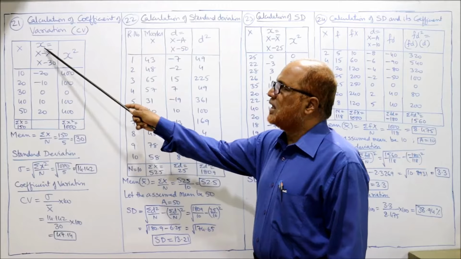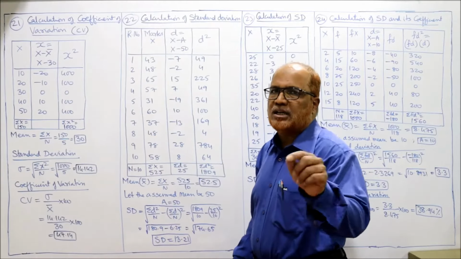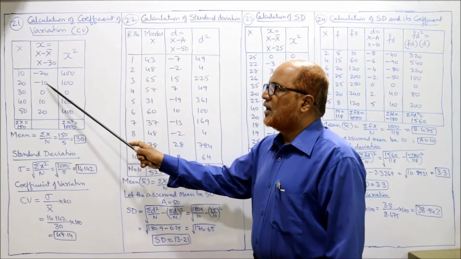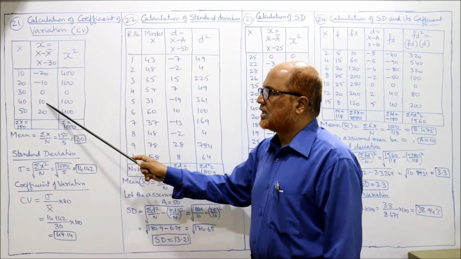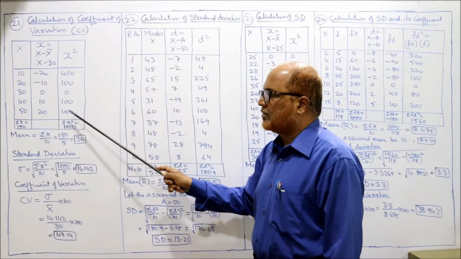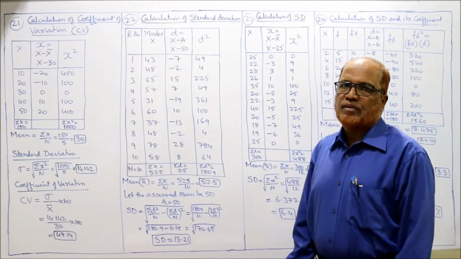Now square x. 20 squared is 400, 10 squared is 100, 0 squared is 0, 10 squared is 100, 20 squared is 400. Now take the total of x squared, you will get 1000.